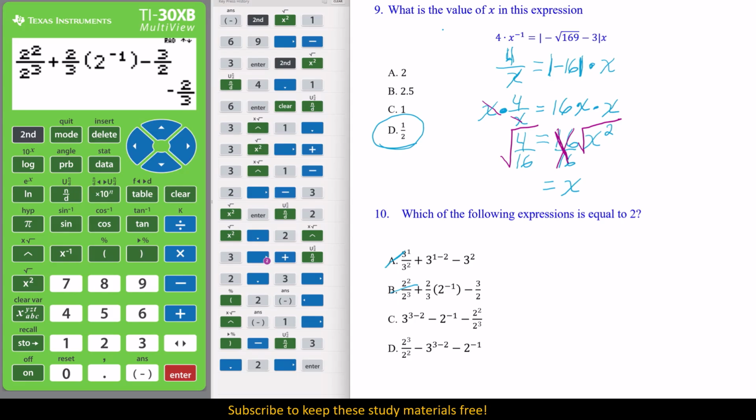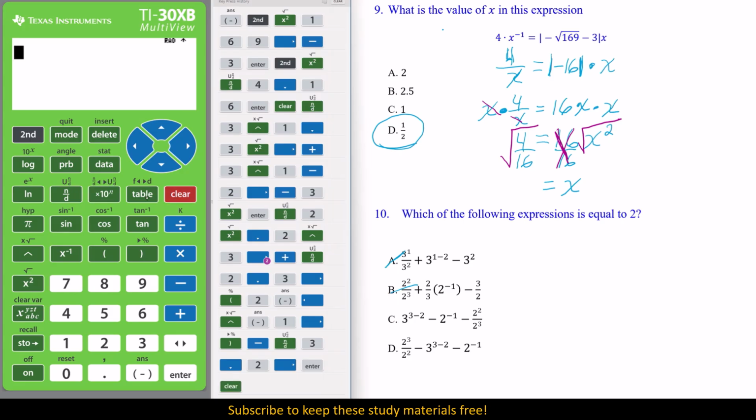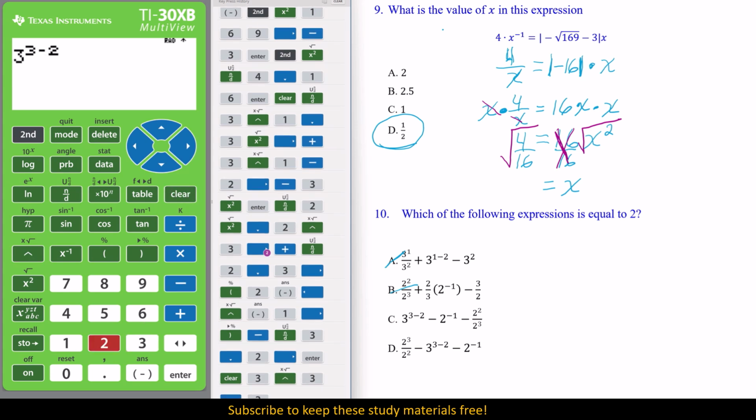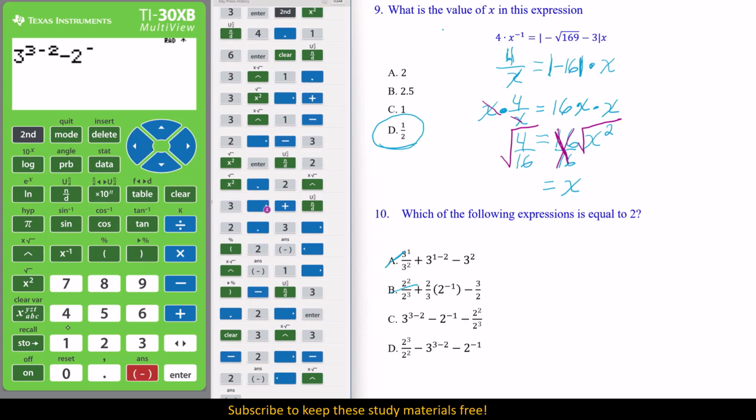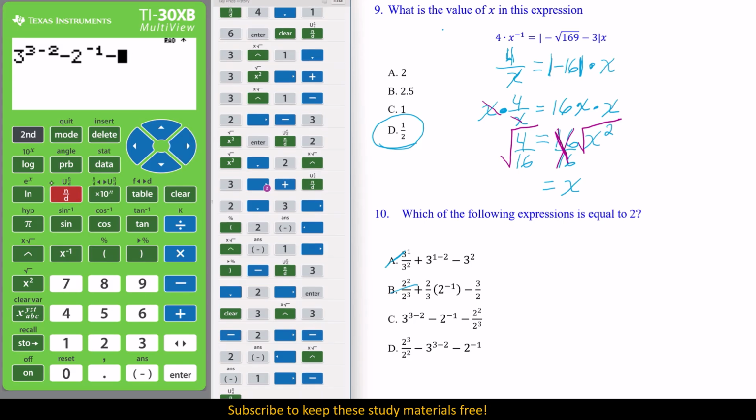Let's try C. I know it's getting redundant, but notice this is a lot faster than doing all of it by hand. Okay, 3 carried up, and that is 3 minus 2. Arrow over to get out of the exponent. Minus 2, caret, oh, no, that's not the caret up. Second time I've done that. Caret up, negative 1. Now arrow back over, and we have minus. Now we have a new fraction.